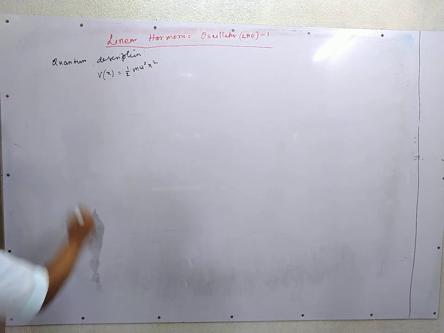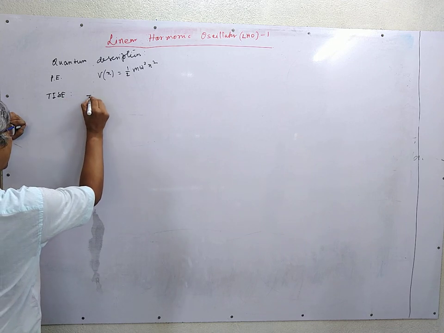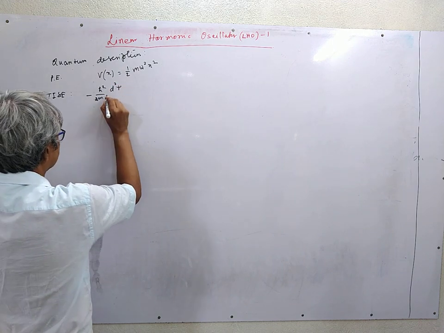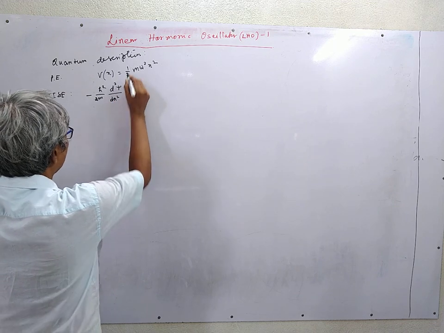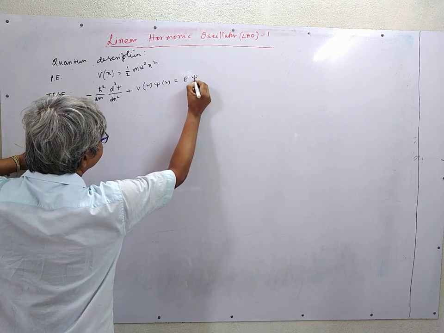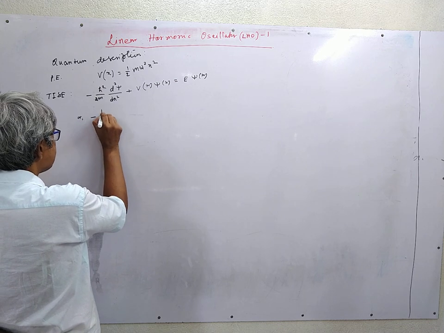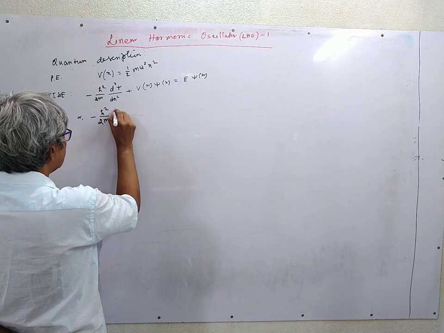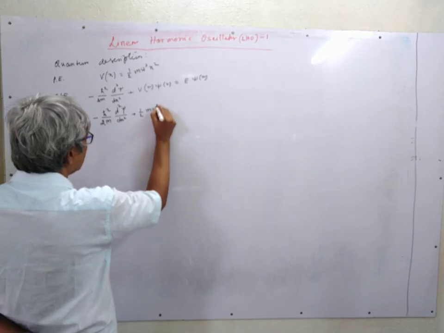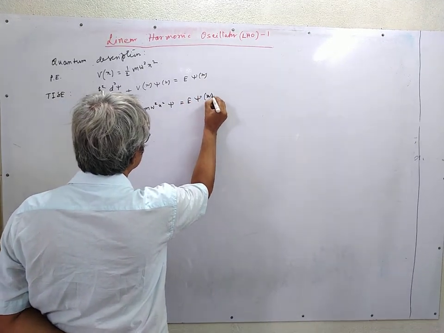So the time independent Schrodinger equation is minus h bar square by twice m, since this is a one-dimensional problem, d2 by dx2 plus V of x, psi of x equals E psi of x. Note that E is positive.